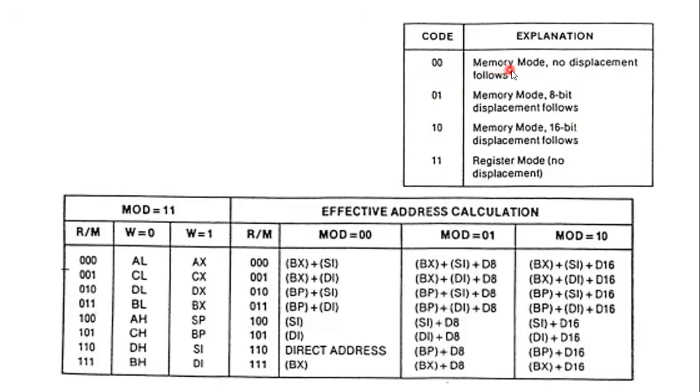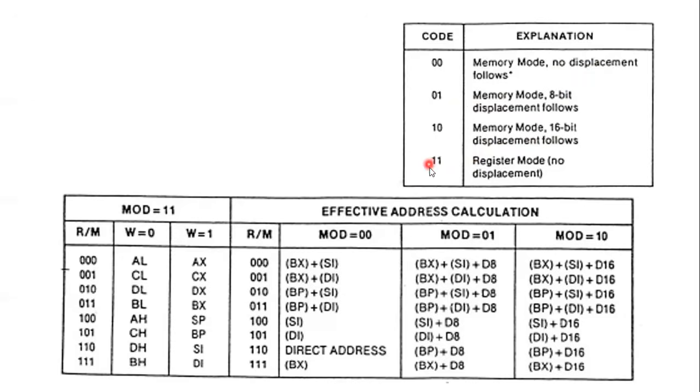For 00, that means no displacement. It will be a memory mode but without any displacement, right? And we will see what that is by an example. If mode is equal to 01, then it is a memory mode, but an 8-bit displacement will follow. If it is 10, then it is a memory mode, but a 16-bit displacement will follow, right?